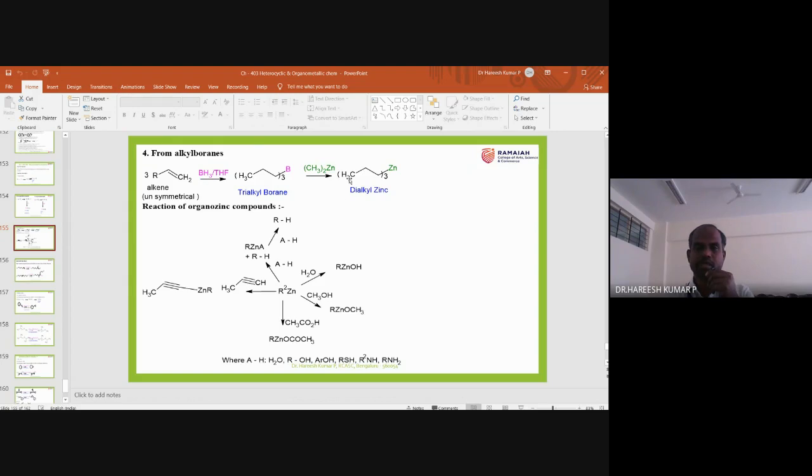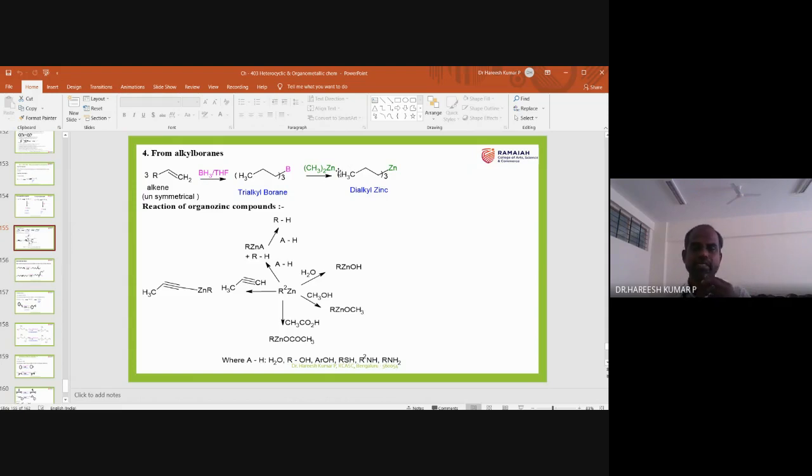So this is also a general example. If instead of R we take CH3, it will be a particular example. But here I am saying it's a propyl group. Propyl means one containing 3 carbons. So these are the 4 methods of preparation of alkyl zinc.